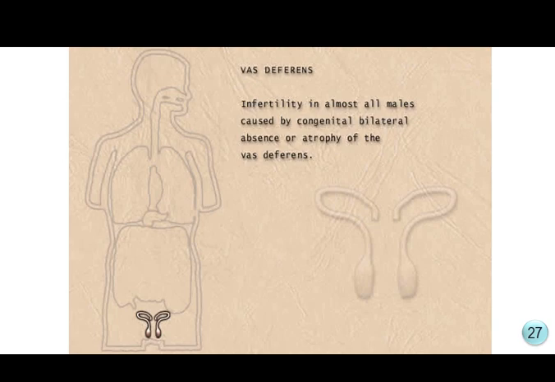The problem is that where the sperm should go into the urinary system is clotted by all the mucus. That's what happened to a lot of Hispanic patients. It's not common in Asia. But if I say there are 100 cystic fibrosis patients in the Hispanic population, at least 50% of them have a problem with the vas deferens.